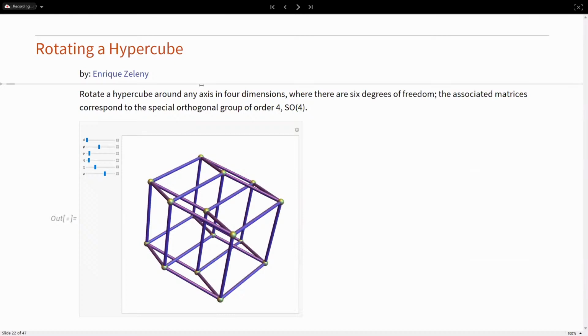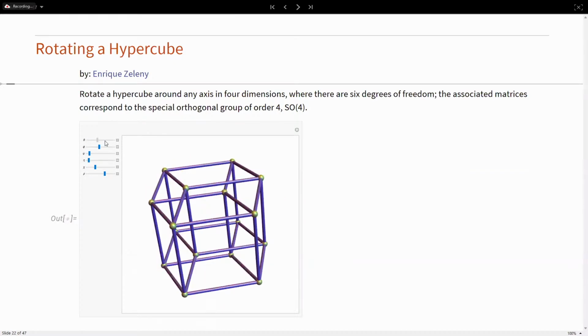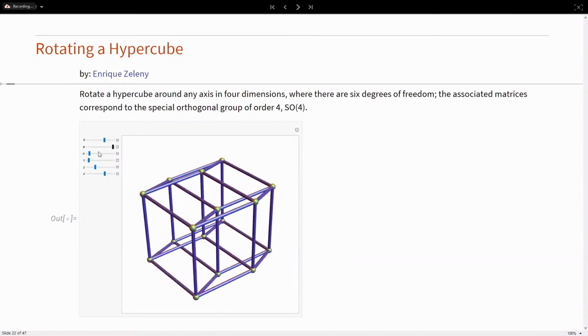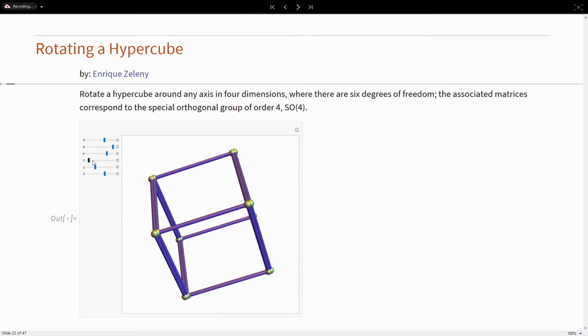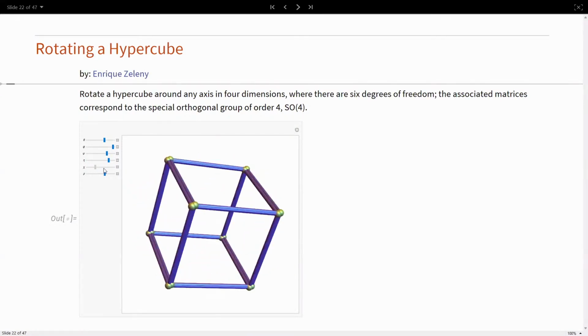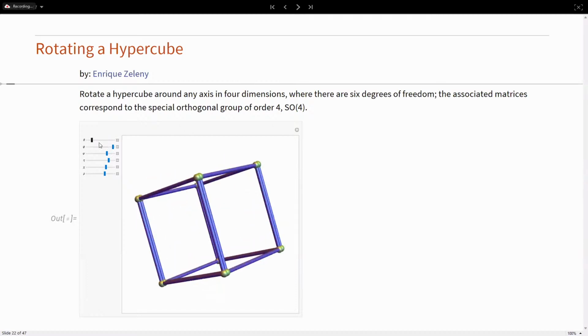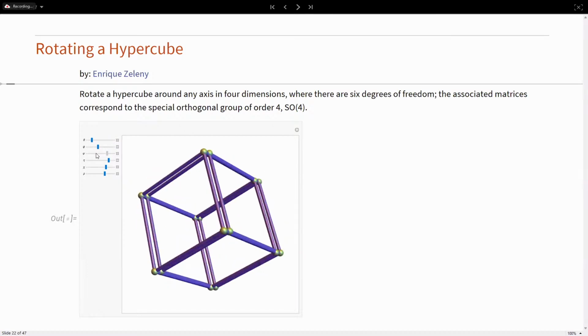And we can go up higher. We can look at rotation matrices in four-dimensional space. So here's a hypercube being rotated.